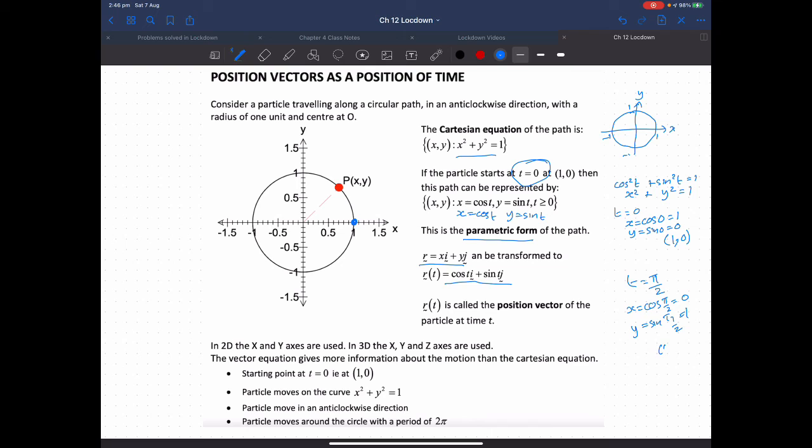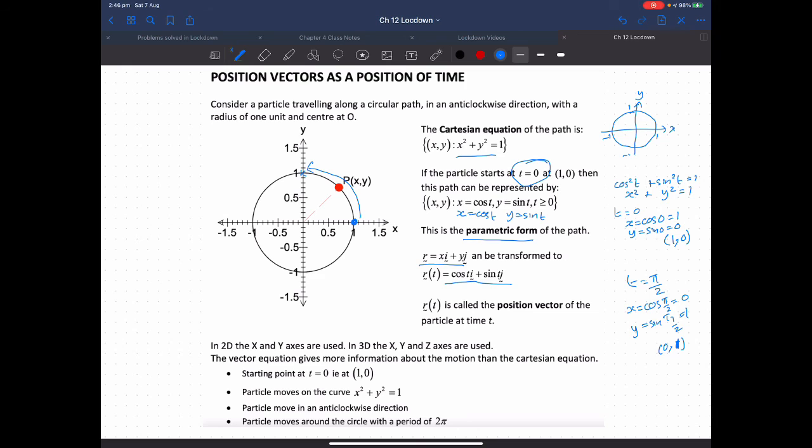So I have the point 0, 1. 0, 1, I've just marked in with a little x on the axis. So it's telling me that my particle is moving in the anti-clockwise direction. Also, it's moving around the circle with a period of 2 pi.